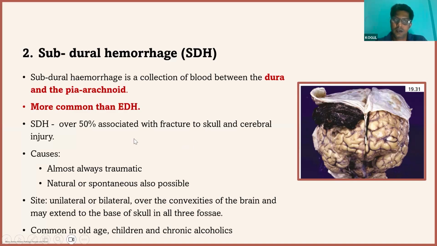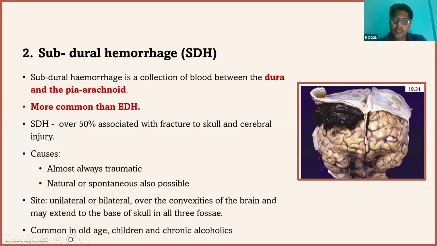Usually SDH is associated with fracture, but SDH is possible without fracture also. Compared with EDH, fracture is less common. And it is almost always traumatic. Most of the time it's traumatic, but natural and spontaneous causes are also possible. It is common in old age and children.